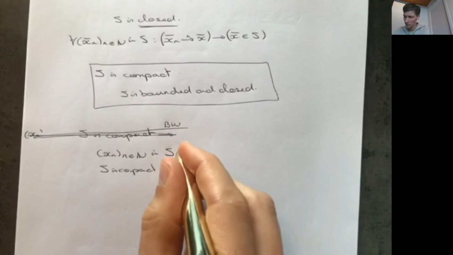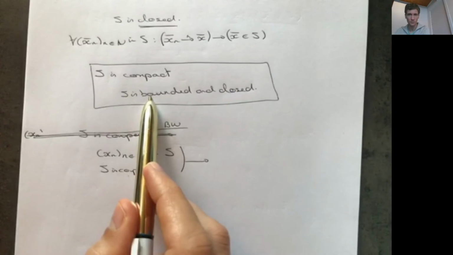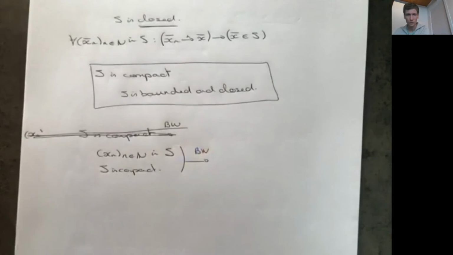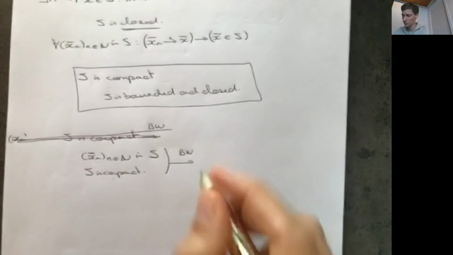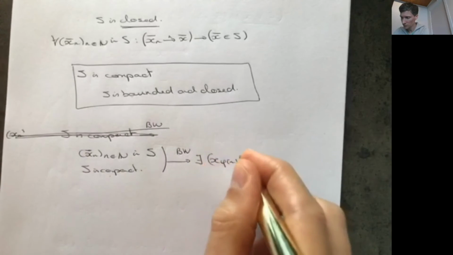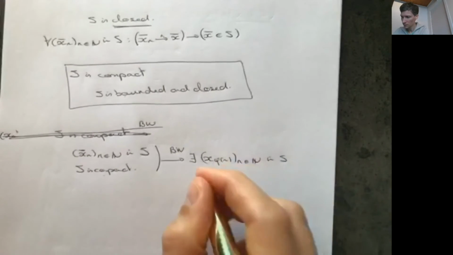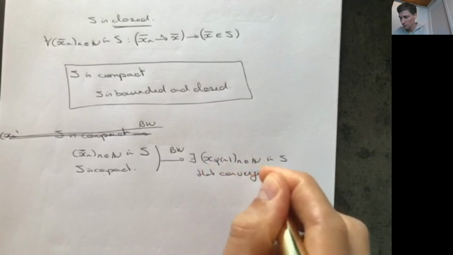Then we know that S is bounded. So by the Bolzano-Weierstrass theorem, we know that this sequence has a convergent subsequence. So there exists a subsequence that converges.